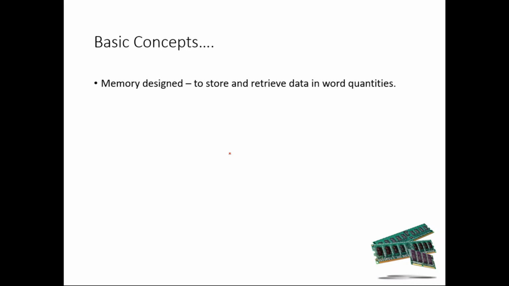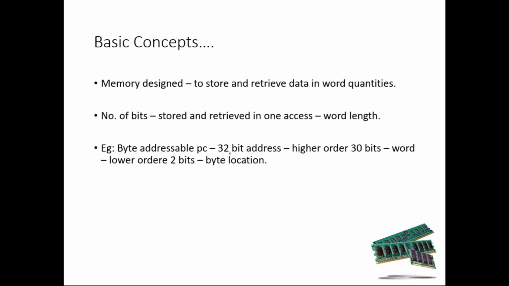So generally, memories are designed to store and retrieve data in quantities of a word. Whatever you write into the memory, we write as an entire word, and whatever we read from the memory, we also read as an entire word. Now what is a word? The size of a word varies from computer to computer. In some computers the word size can be 32 bits, in some it can be 16 bits, in some it can be 64 bits, whatever it may be.